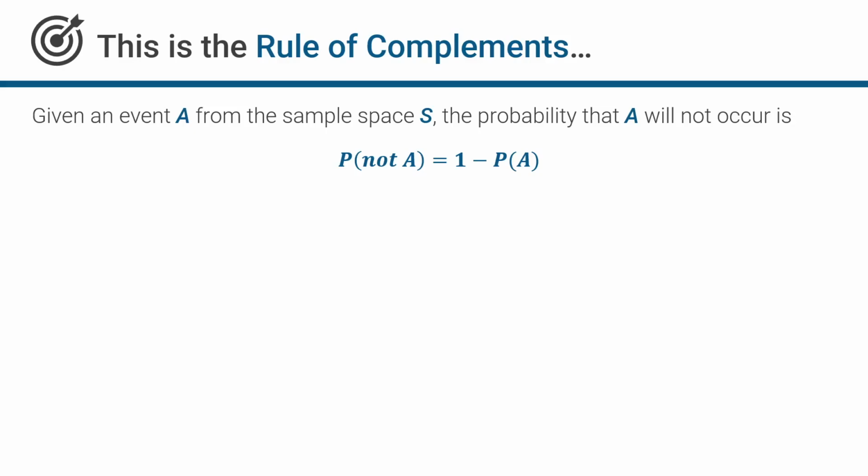This means that if we're trying to find things that are not of that event, we just need to subtract the probability of that event from the total probability, which is 1. In other words, the probability of A complement, or A prime, is equal to 1 minus P of A.